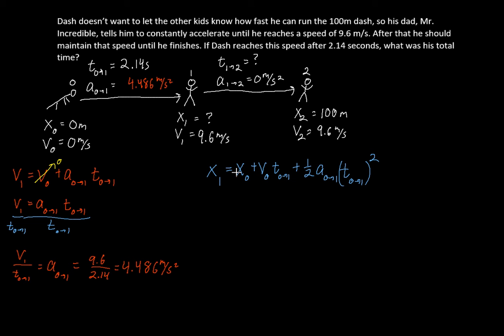Plugging in our zeros, we get a few things canceling out, which is awesome, and leaves us with x1 is equal to 1/2 a 0 to 1 t 0 to 1 squared. We have already rearranged to get our variable by itself, so we can just straight plug in numbers.